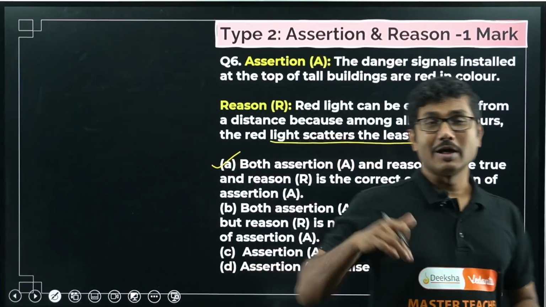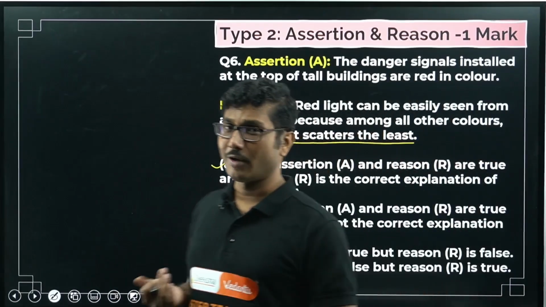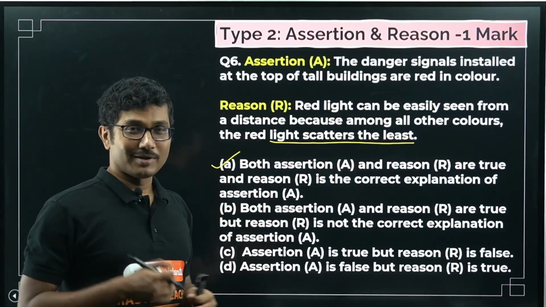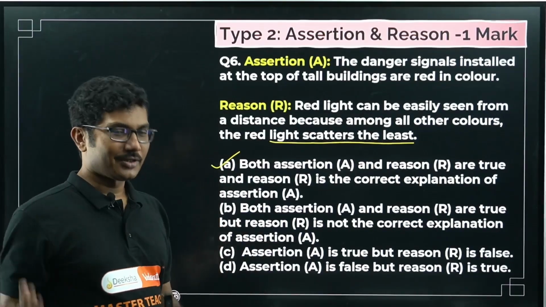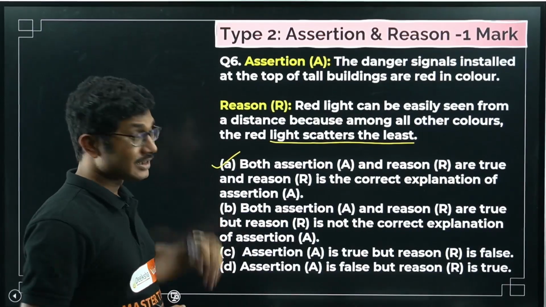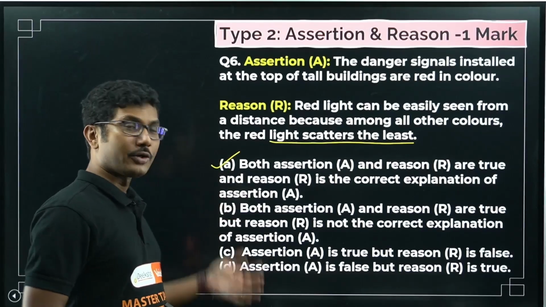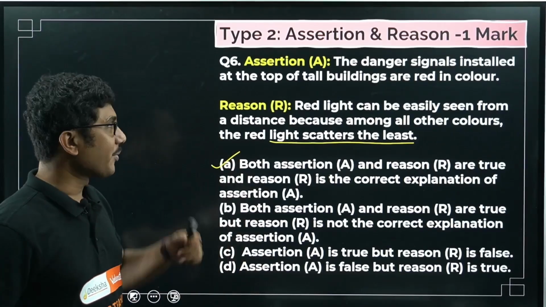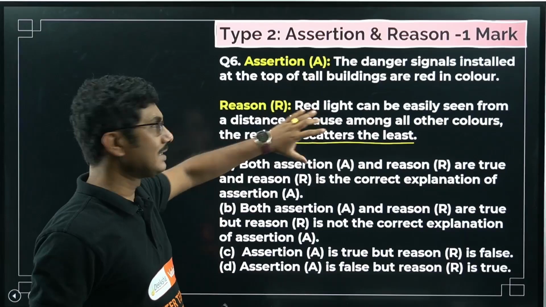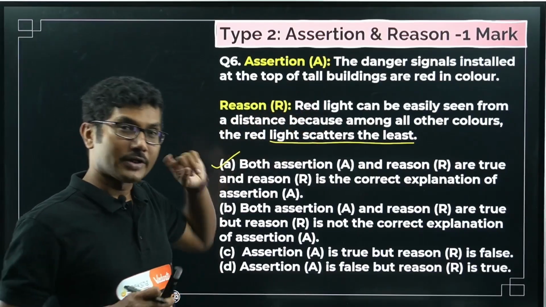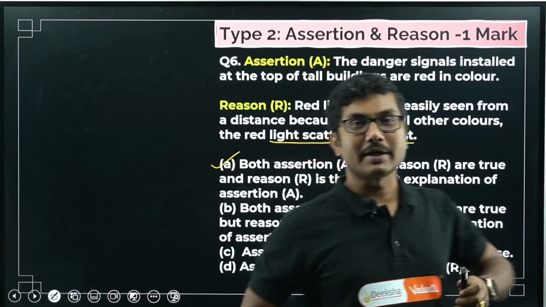Okay, so in your test I have just changed option B and gave it as scatter the most. So basically that was not correct, but in this case assertion is correct and reason is also correct for this given assertion. Okay, you have to identify first of all if both of the statements are correct or not.